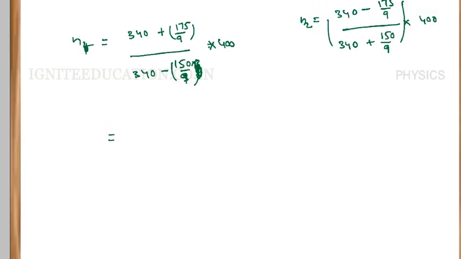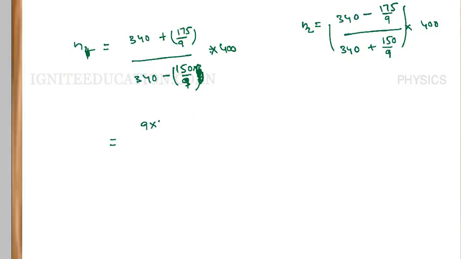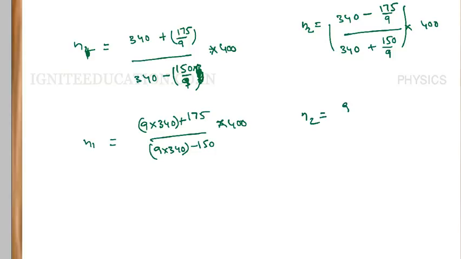That is equal to (9 into 340 plus 175) divided by (9 into 340 minus 150) into 400. And in the n2 case also, (9 into 340 minus 175) divided by (9 into 340 plus 150) into 400.